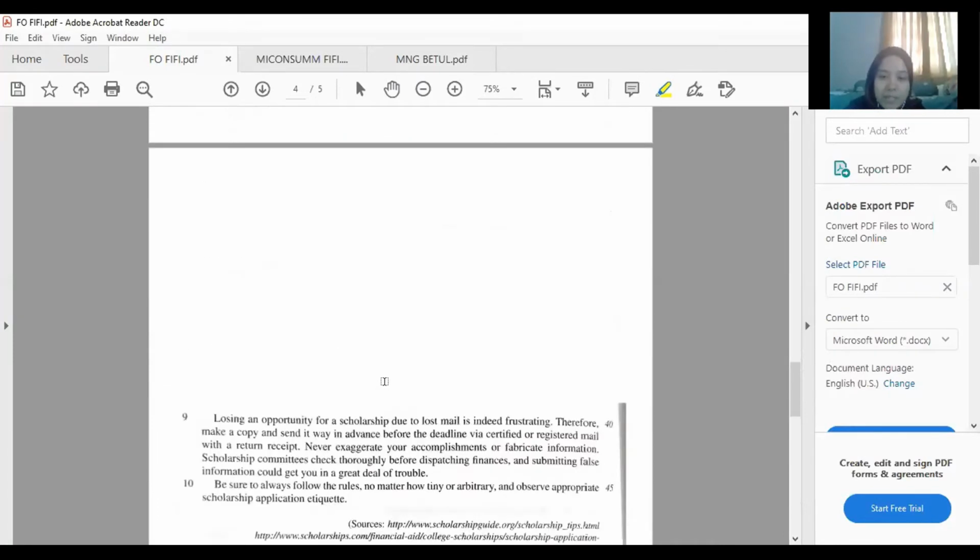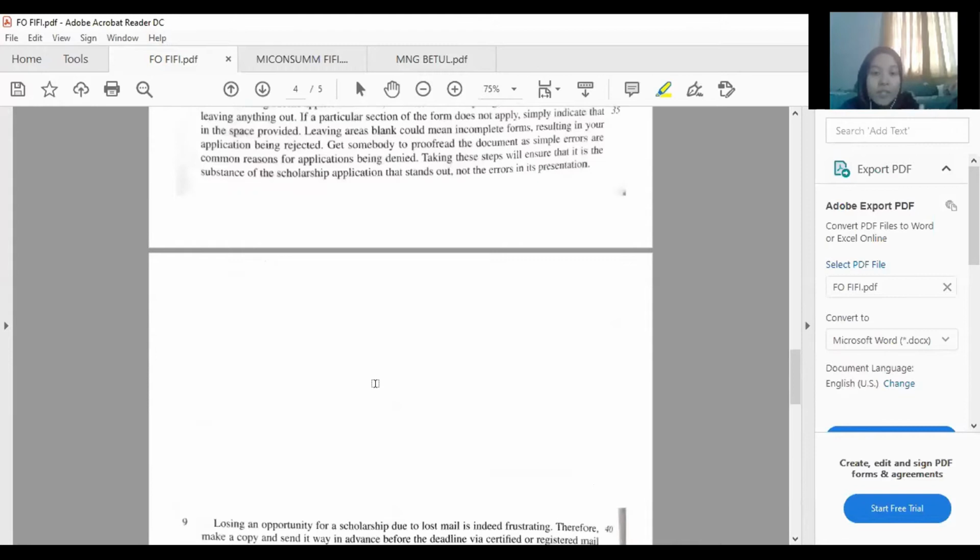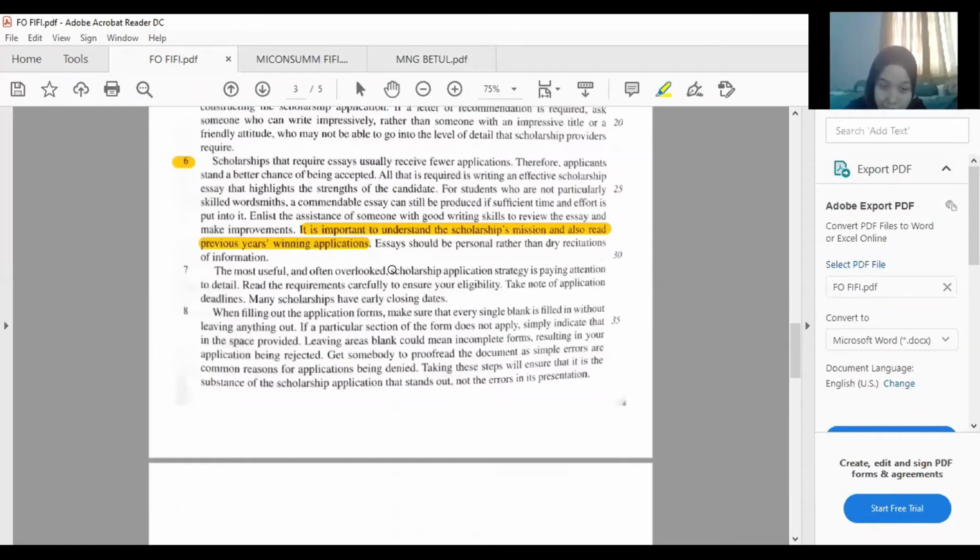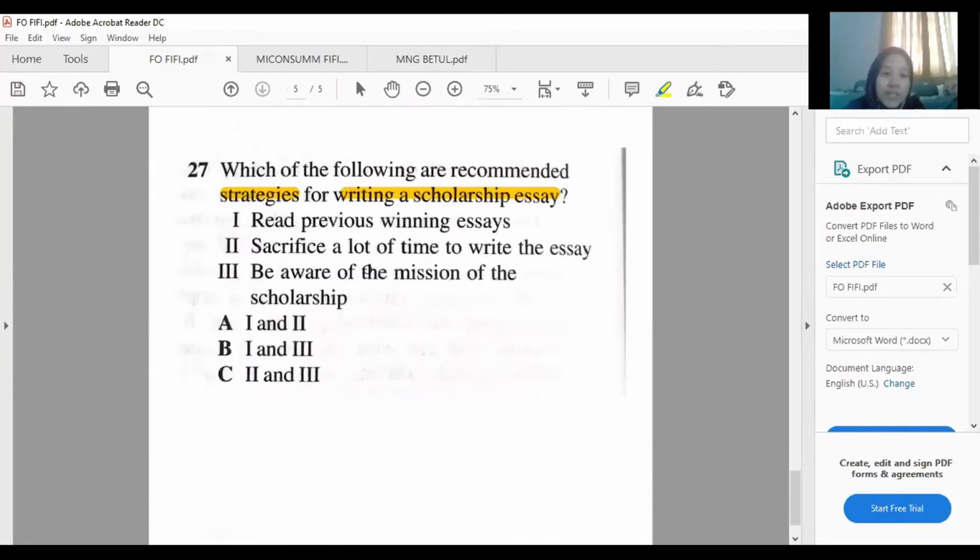According to the fifth step, the phrases here match the phrases in the question: read previous winning essays and be aware of the mission of the scholarship. But the second option, sacrifice a lot of time to write the essay, is not even mentioned in the passage. So the answer is B.